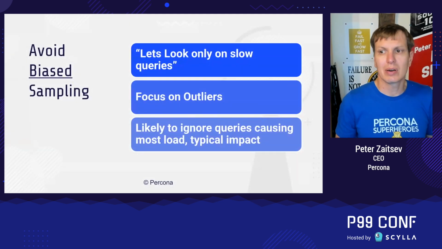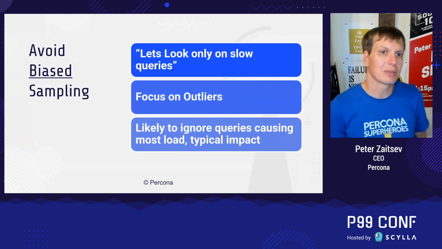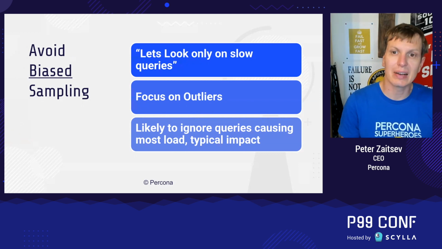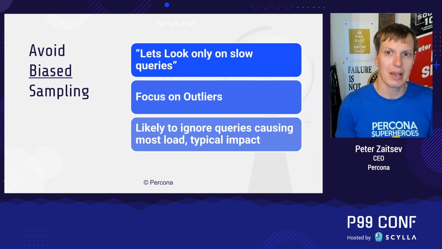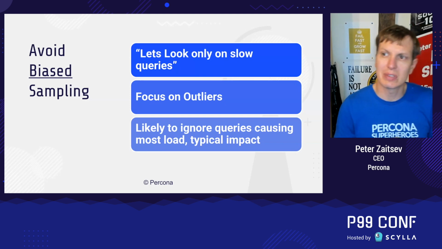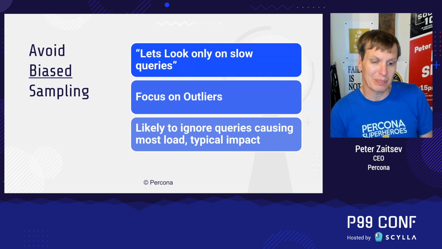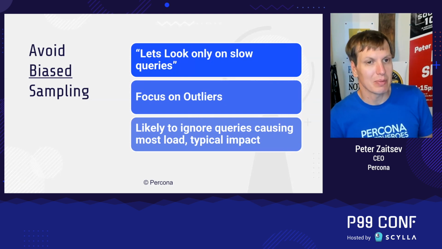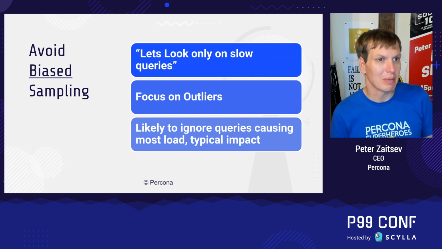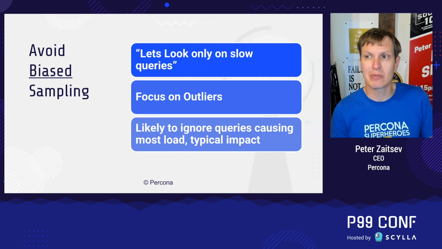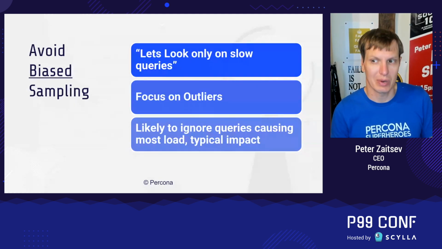Now, I would mention how you want to get the data about queries. The mistake I often see here is not getting a representative sample of your queries, or processing all queries if you have enough power to do that, but, let's say, focusing only on the slow queries.